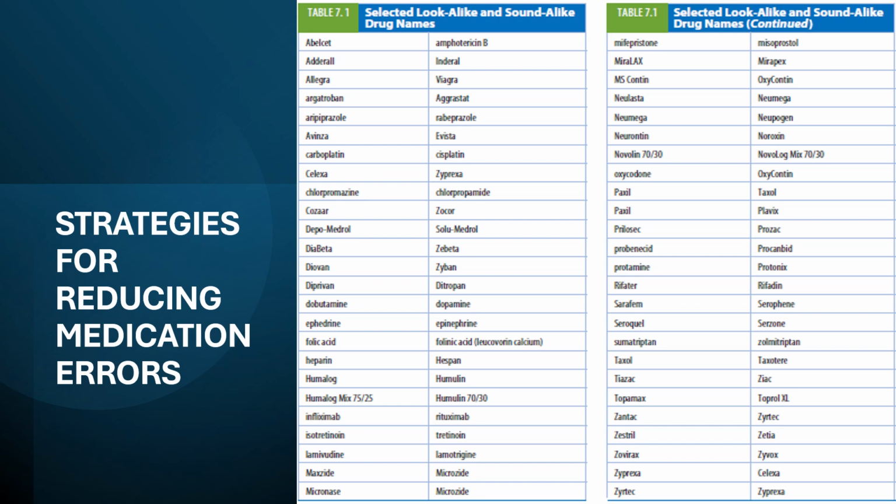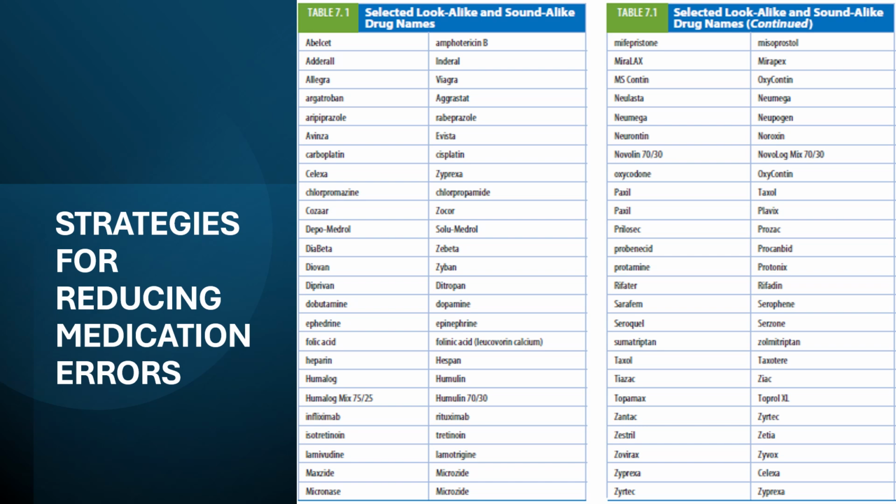Practice the rights of medication administration: the right patient, the right time and frequency of administration, right dose, right route of administration, and right drug. Keep the following steps in mind as well. First, positively verify the identity of each patient using two means, for example, name and date of birth, before administering the medication according to facility policy and procedures.